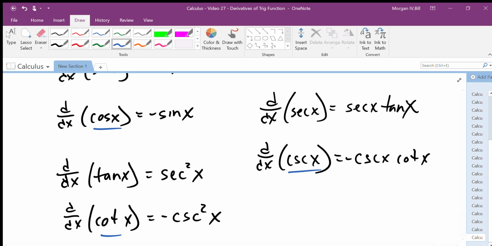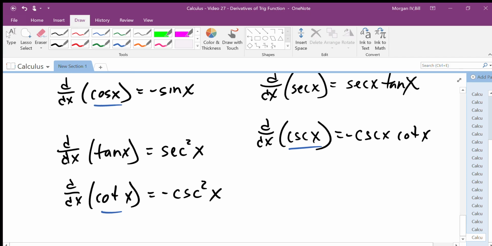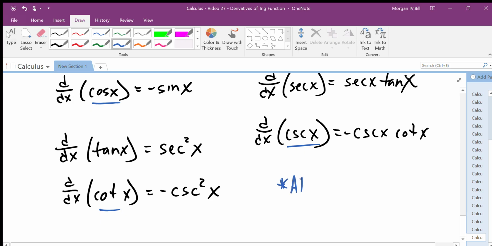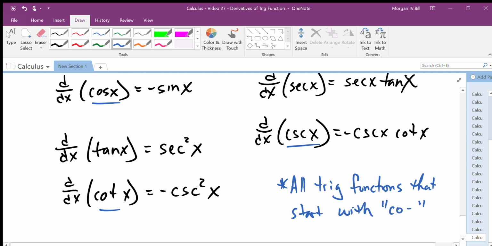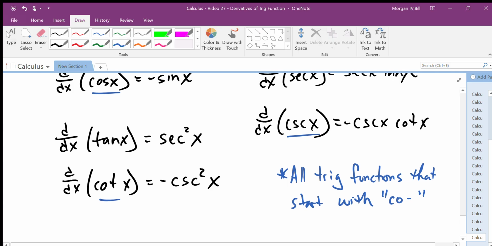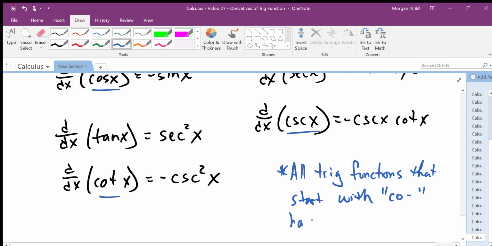Right, cosine, cotangent, cosecant. All of those have negative derivatives. And that helps us remember a little bit. Okay, but you just need to know them.